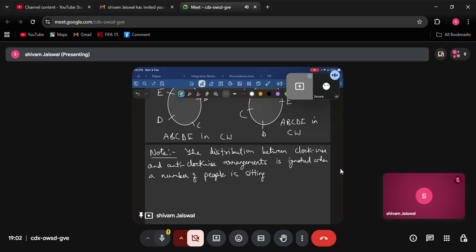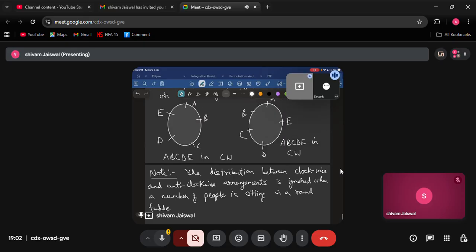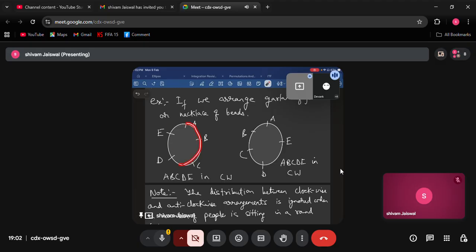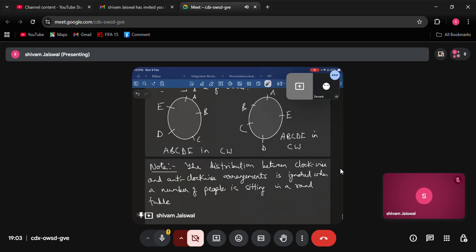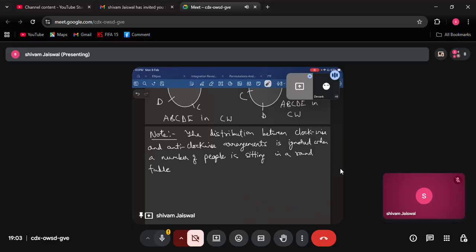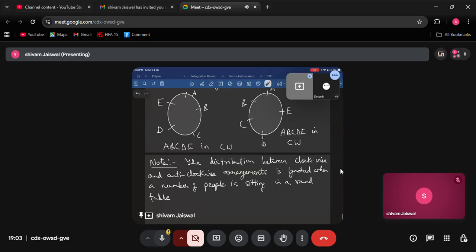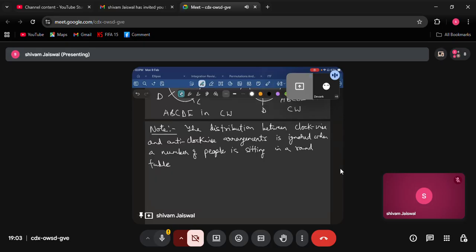Why is it ignored? Because let us say the people are sitting around the round table like this, A, B, C, D, E. Over here, the anti-clockwise arrangement will be seen from the floor. But who will look at the arrangement from the floor? So that is why the clockwise and anti-clockwise arrangements are not considered same, they are considered different.